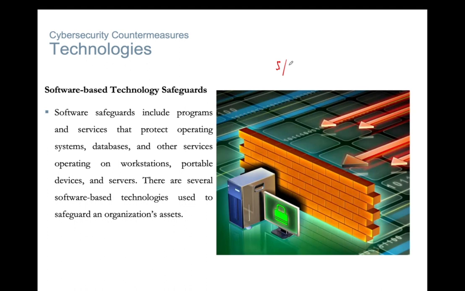Operating systems typically include a firewall, or a user can purchase or download software from a third party. Second, network and port scanners discover and monitor open ports on a host or server.